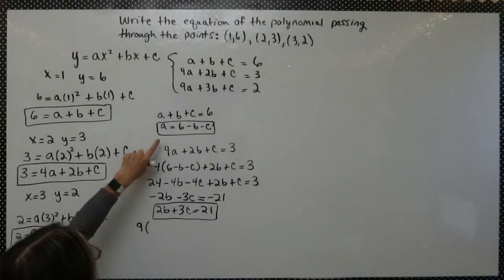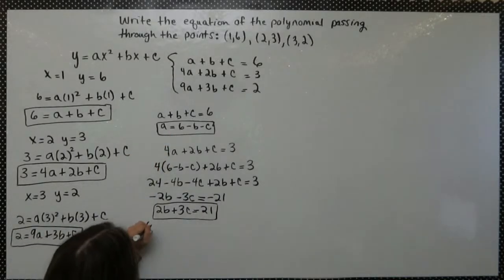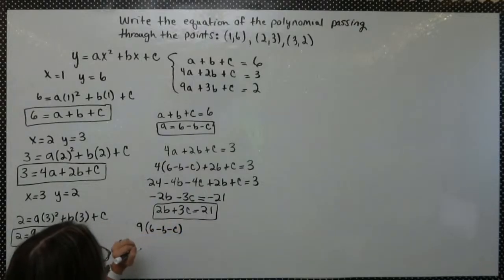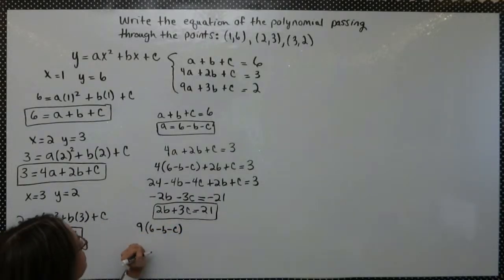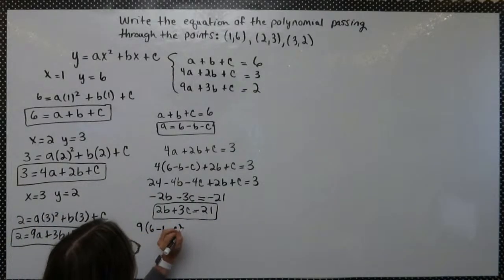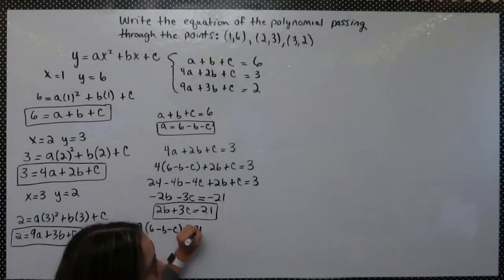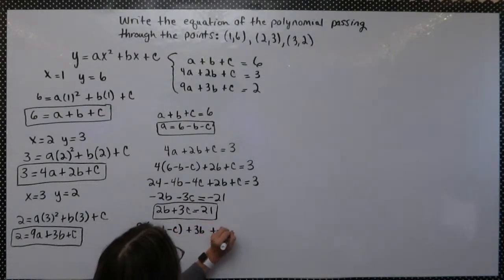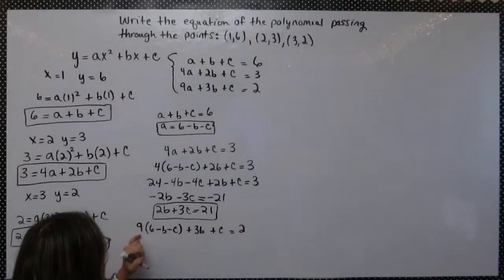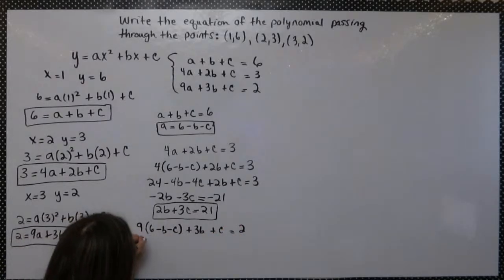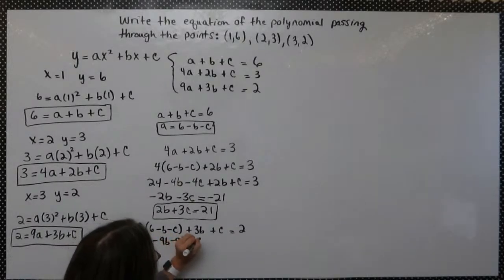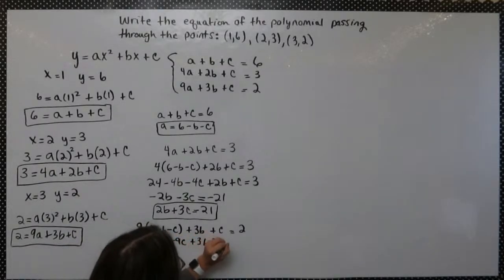Now just plug in this here, 6 minus b minus c, and then it's plus 3b plus c equal 2. So 9 times 6 is 54 minus 9b minus 9c plus 3b plus c equal 2.